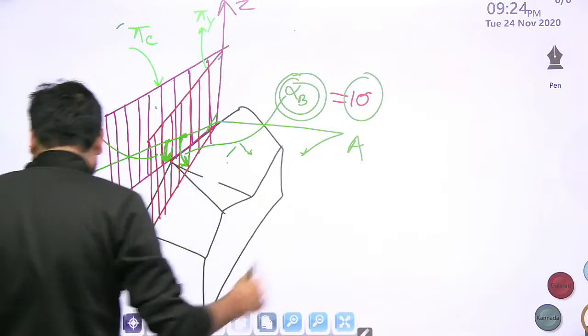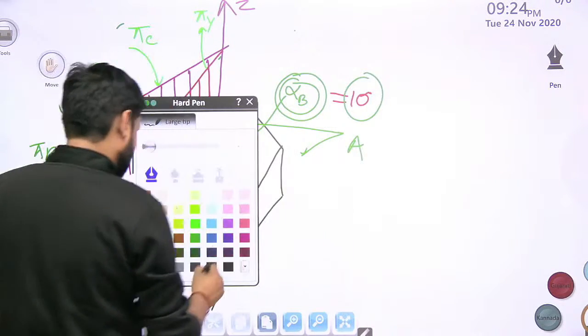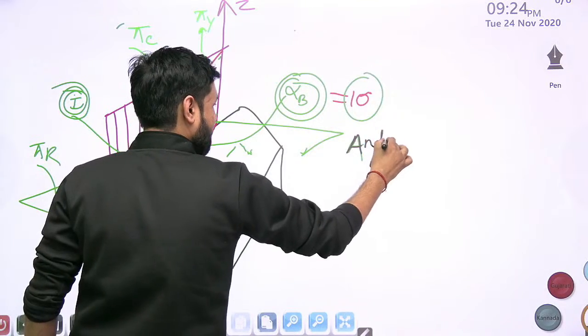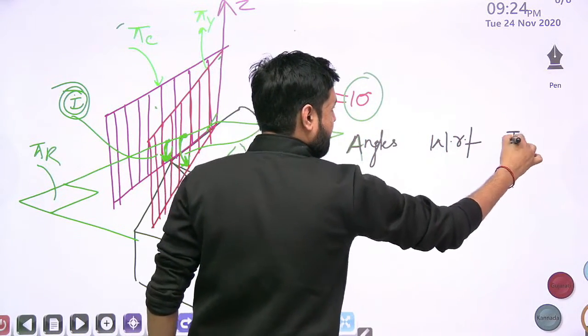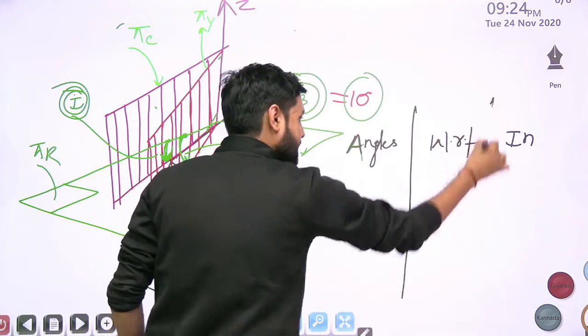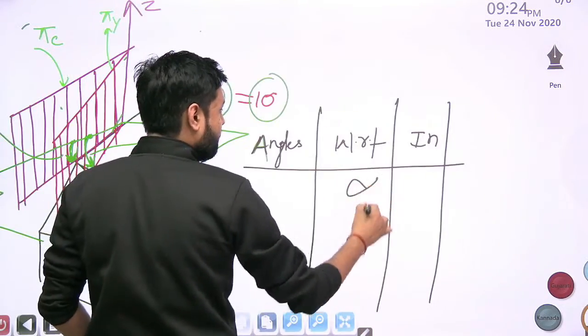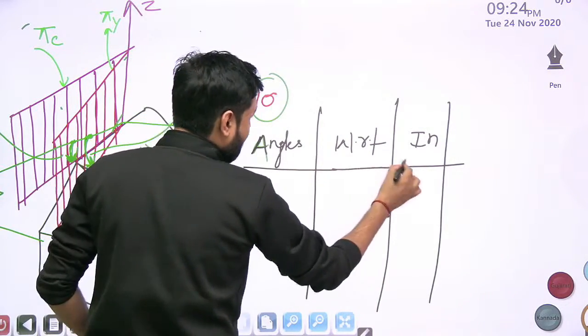Angles. Let me now write it. You look at angles, measured with respect to and measured in. Look at this back rake angle.